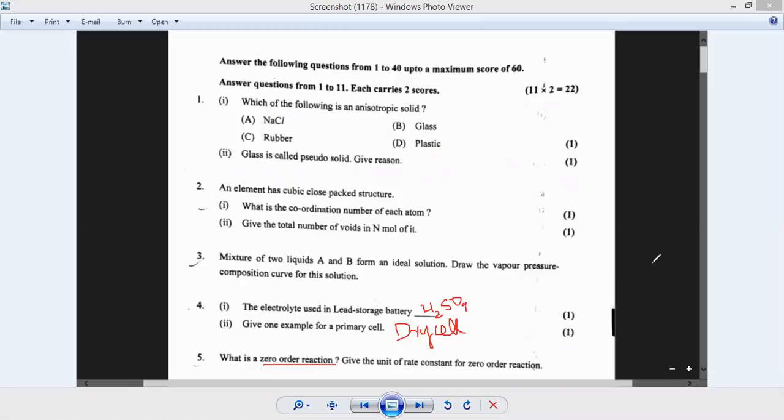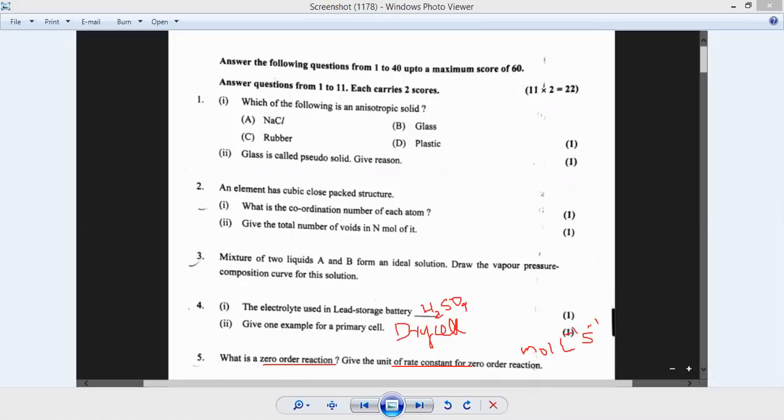The unit of rate constant for a zero order reaction is basically mole per liter per second. So this is the unit of rate constant for a zero order reaction, mole per liter per second.